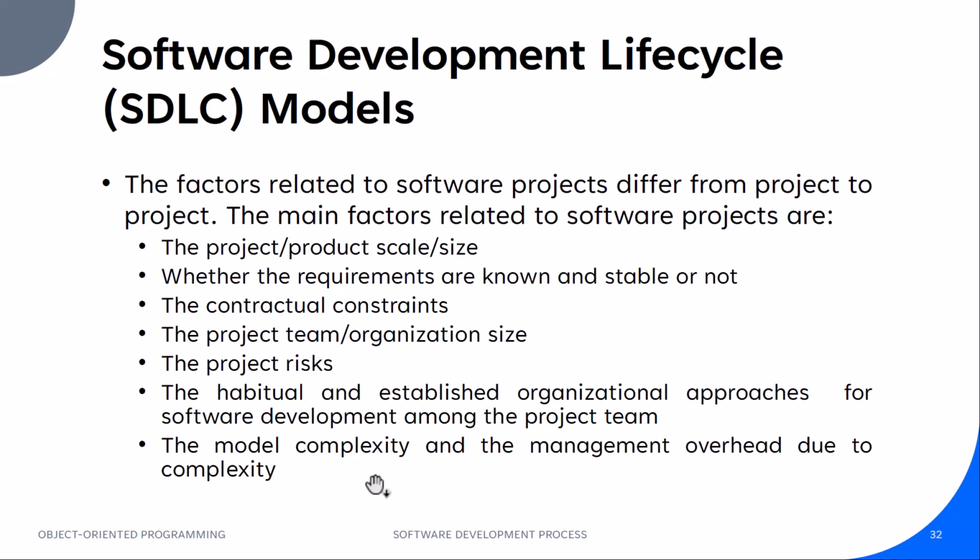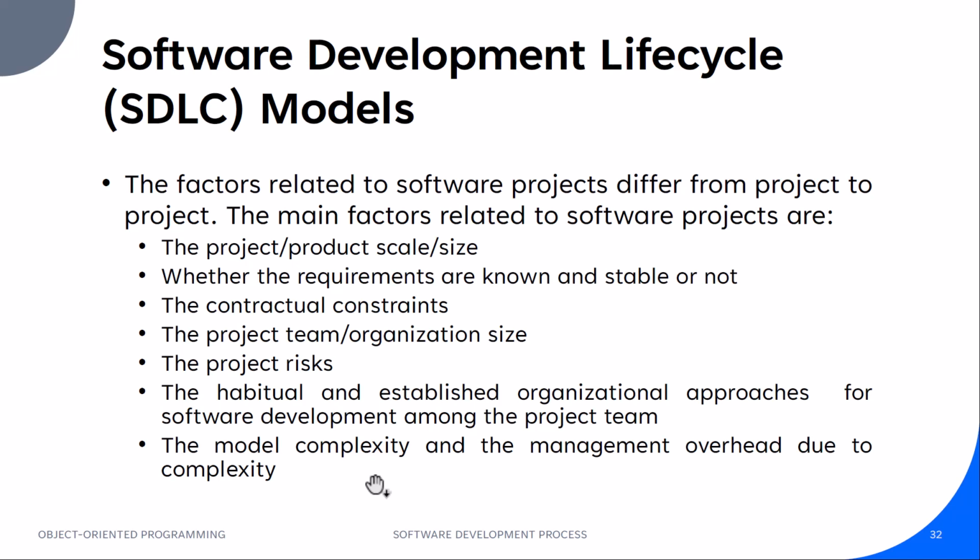The model complexity and the management overhead due to the complexity is also another factor. As we mentioned, the waterfall model is quite simple to follow, but the spiral model is quite complex compared to the waterfall model. Or the agile model is not as clear as the waterfall model.